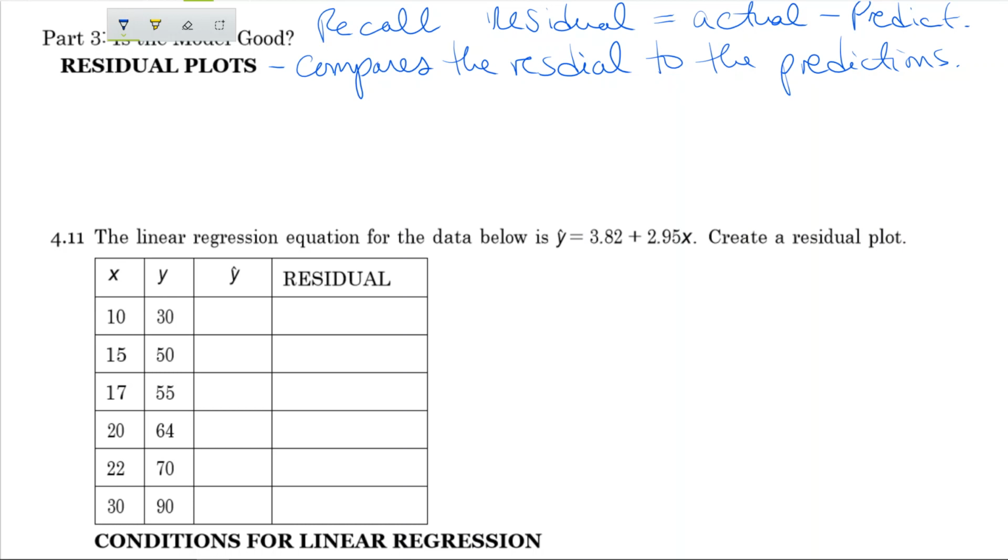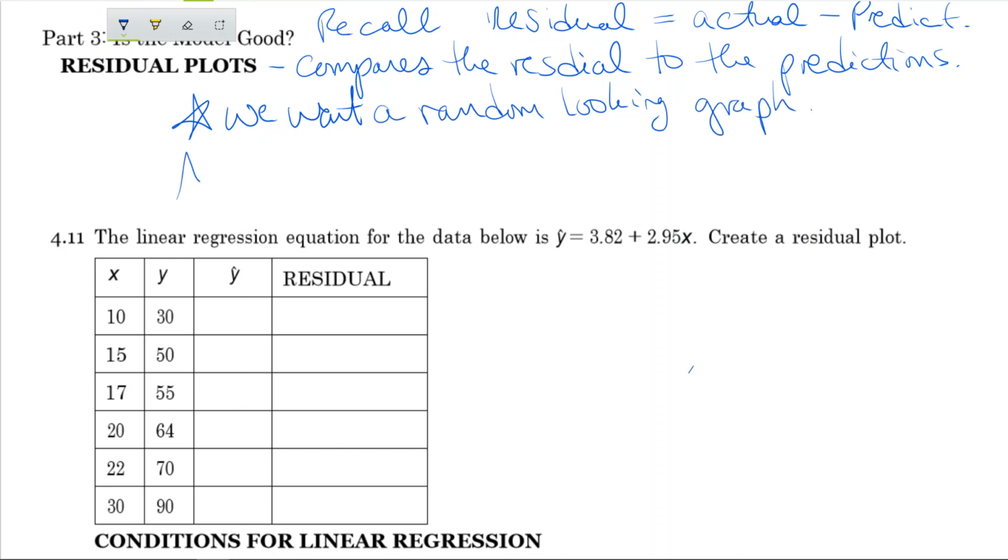The reason you don't want a pattern is because that would mean I maybe missed something in my data of what was going on. You'll see this more when we do a graph of it, but you want a sort of random looking graph, with some points above 0 and below 0.